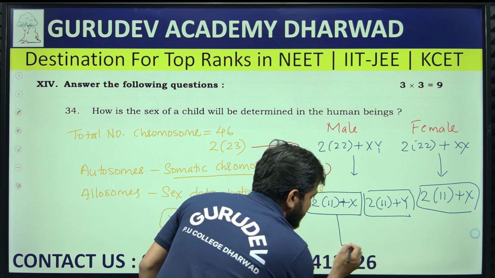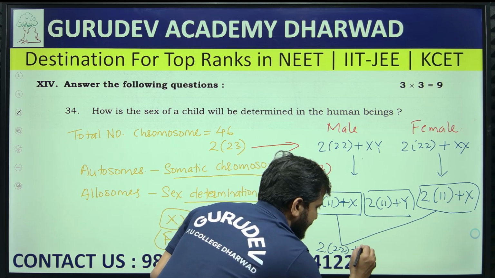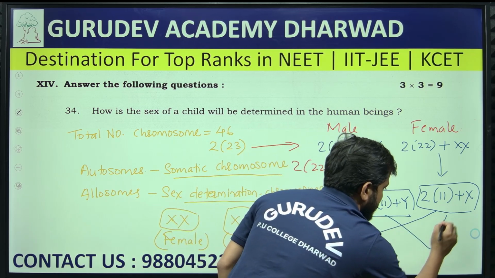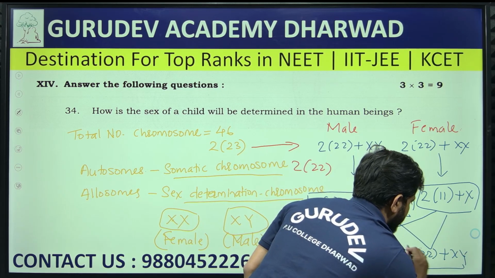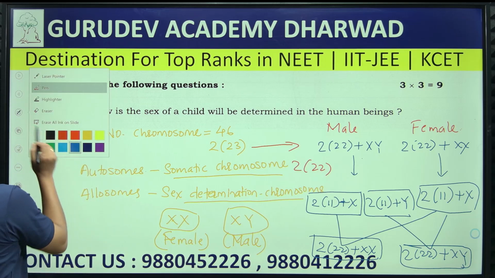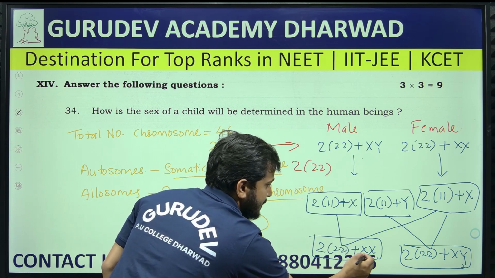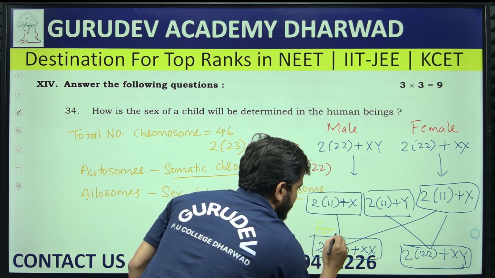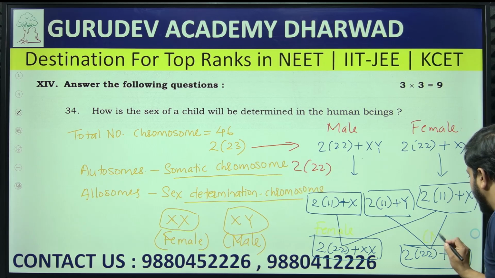So consider if this is going to get fused, I am going to find 44 plus XX, right. Understanding? And here this is 44 plus XY, which is nothing but the female and male, right. So character wise consider the splitting of this: here 44 plus XX is nothing but female, understanding, and here 44 plus XY is nothing but the male.